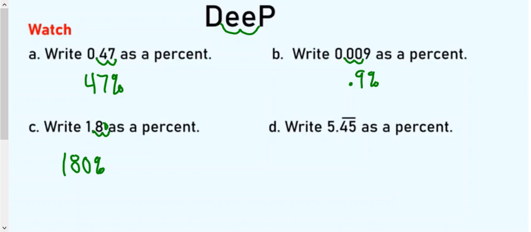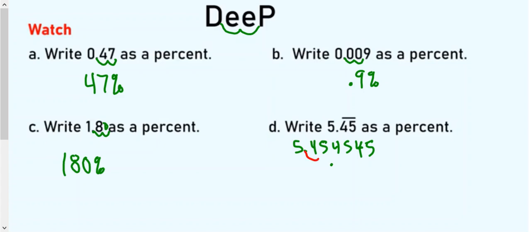The last one here, 5.45 repeating as a percent. So if we were to extend this decimal, it would be 5.4545, and then that would just continue on forever. So now, as we see it a little bit written out, we can move our decimal 2 places to the right.